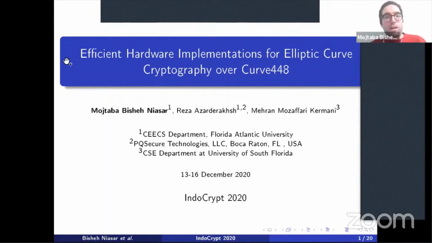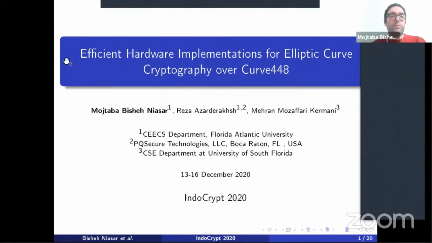Okay. In this presentation, we propose different FPGA-based implementations of elliptic curve cryptography over Curve448. This is work by me, Mojtaba Bishinyasa, with Dr. Reza Zardarash and Mehran Mozaffari Kermani.